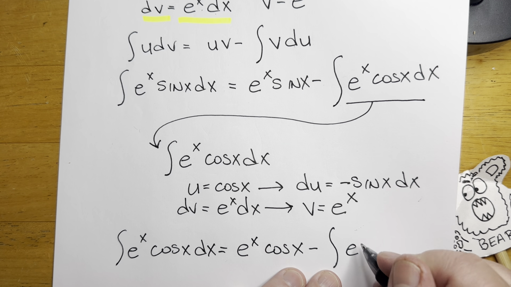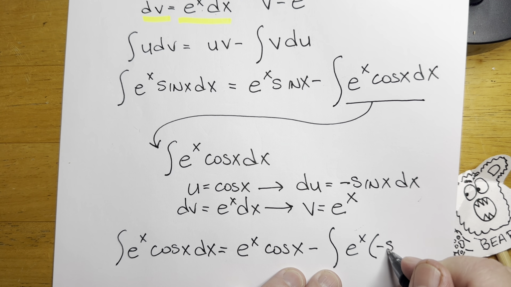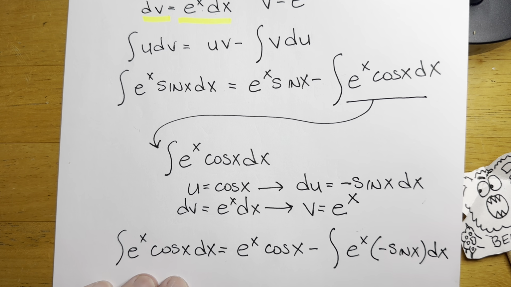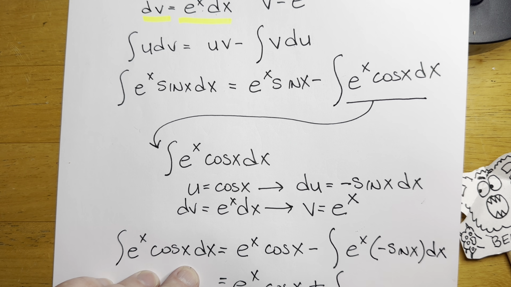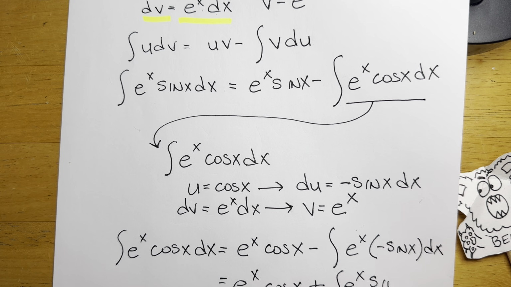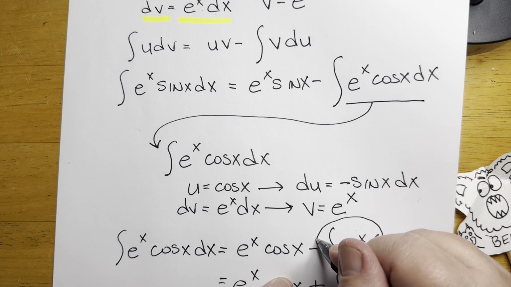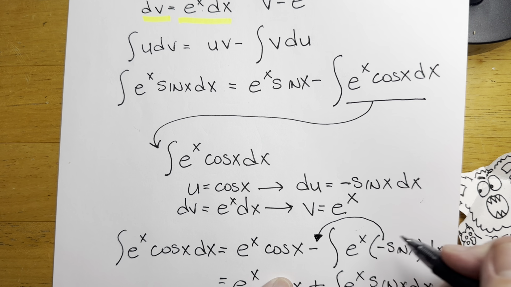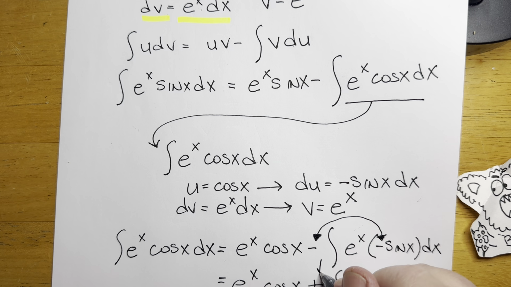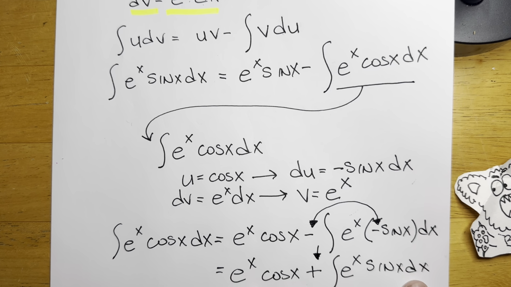So it's going to be e to the x times the opposite of sine x dx. So that's e to the x cosine of x plus the integral of e to the x sine x dx. And this minus and that minus go together to make this plus, right?